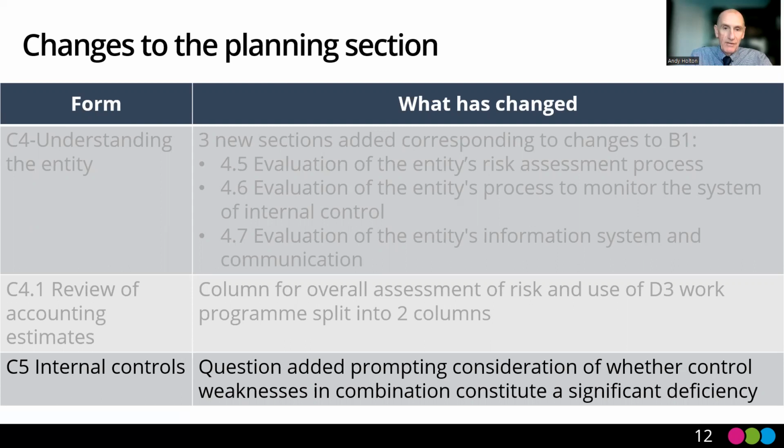But a feature of HKSA 315 is standing back and looking at the big picture, that stand back requirement. And this applies to controls as well as to risks. So it's standing back and looking, well, actually, we've got a number of control weaknesses here. Do they actually add up to a significant problem? And that's the change that has been added to C5.